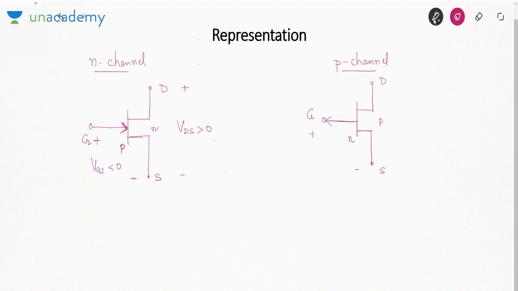This is your VGS, which will now be positive, and this is your VDS, which will now be negative. Here the current goes from drain to source. Here the current goes from source to drain. So in P channel and N channel, the polarity of voltages are reversed, as well as the direction of current.